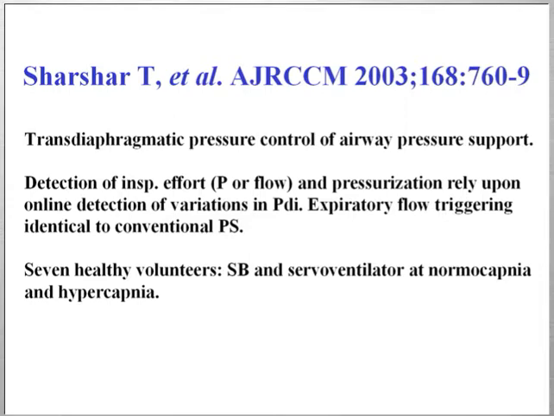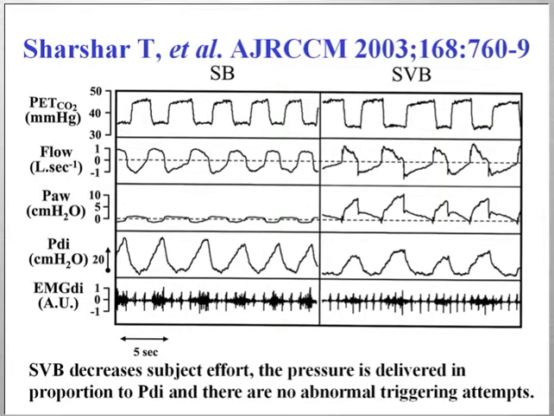This is a study done in volunteers and in different conditions, with normocapnia and hypercapnia. And again, you can see here what happened during spontaneous breathing in hypercapnia, and during this pressure support controlled via PDI with this new system.